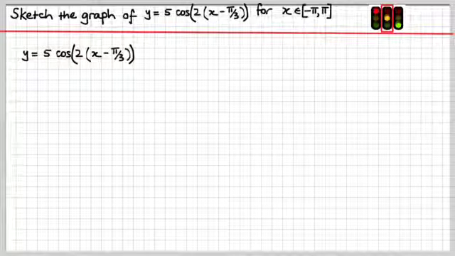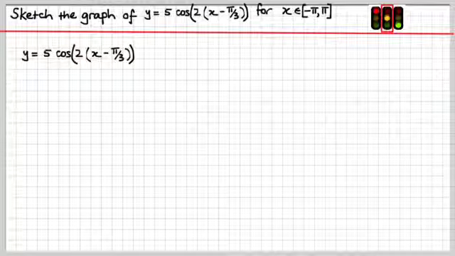And I can see at a glance that I'm very relieved that this one has not been translated vertically, that is in the y direction, because if that happens, then it makes it a lot more complicated because you cannot then tell how far the x-intercepts are going to be apart because of this movement vertically, that is for a sine or a cos graph.